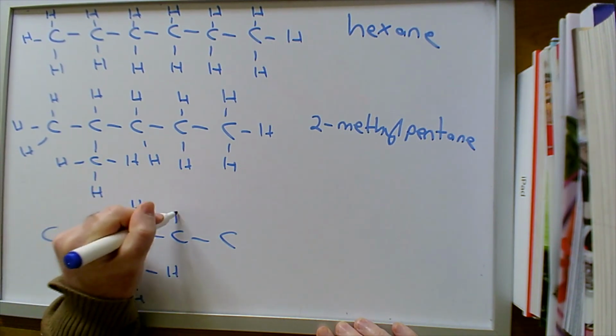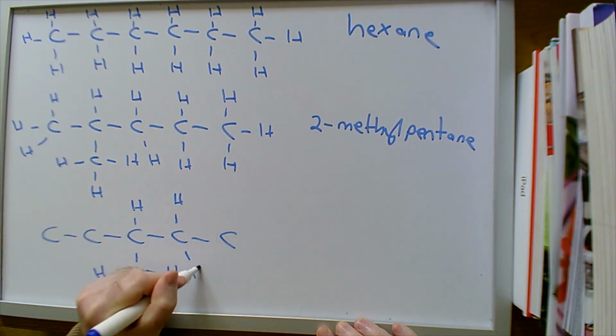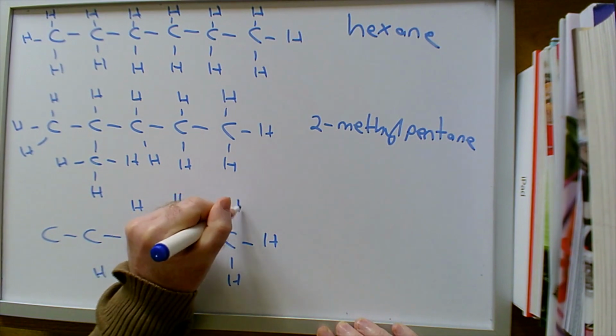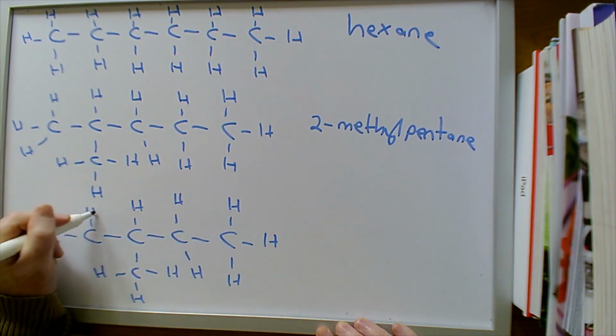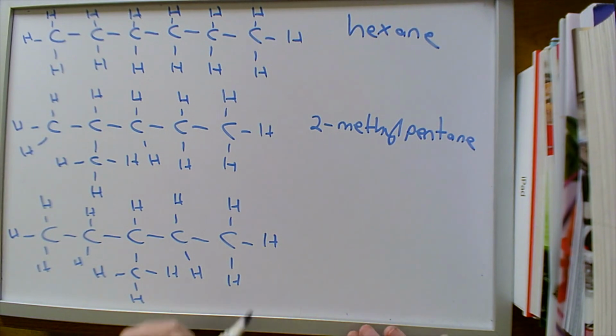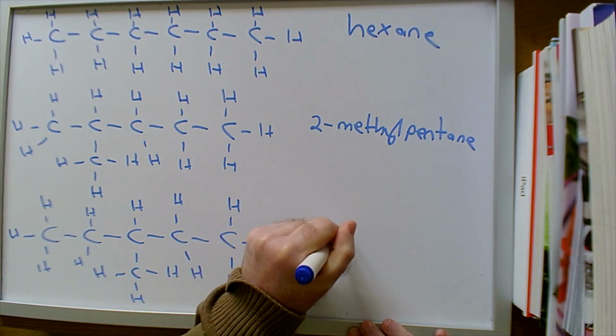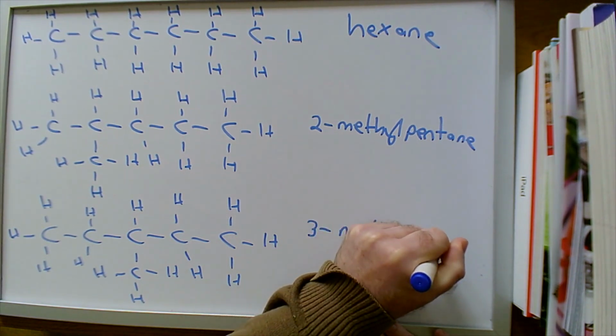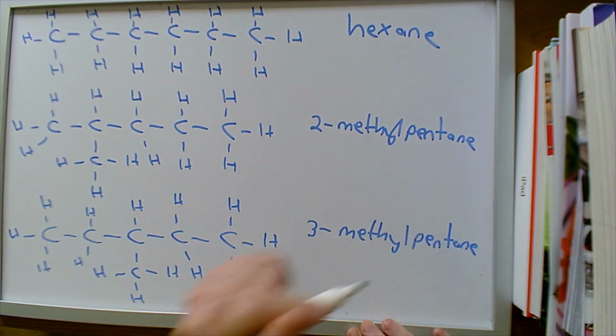So if I do this, my compound is called 3-methylpentane. And there is no other position on that carbon chain where I could put a CH3 group. Otherwise I'm drawing exactly the same isomers. I'd be drawing 2-methylpentane again if I put it anywhere else. So that is 3-methylpentane. So I now got 3 of my 5 isomers.